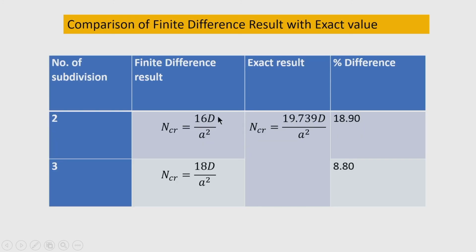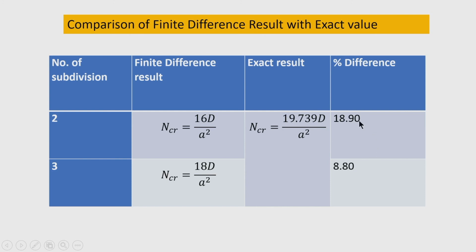Now, in this table I compared the finite difference result with the exact results. If the number of divisions in the plate is 3, then the finite difference result gives 16 D by a square. The exact result is 19.739 D by a square.